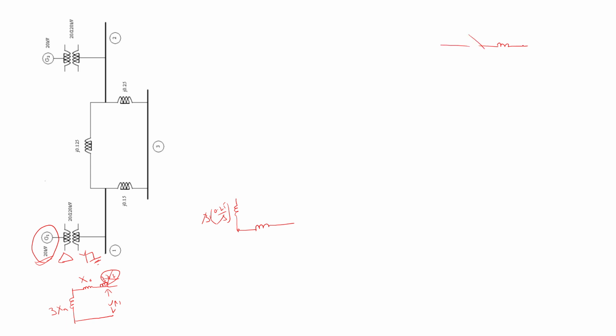So we have series switches, and these are the parallel switches. If the delta connection is given, we need to close the parallel switch. If the star connection is given, we need to close the series switch, but consider the neutral reactance also.